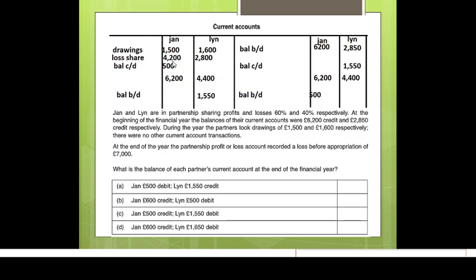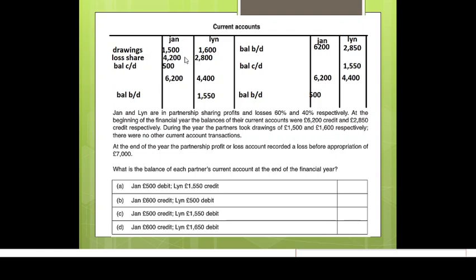Jan takes more of the loss, and it is a debit, 4,200 and 2,800, so 60% and 40%. The reason we put them onto the debit side is because it is a loss. Had it been a profit, we would have put it onto the credit side. So we have opening balances, drawings, loss share.